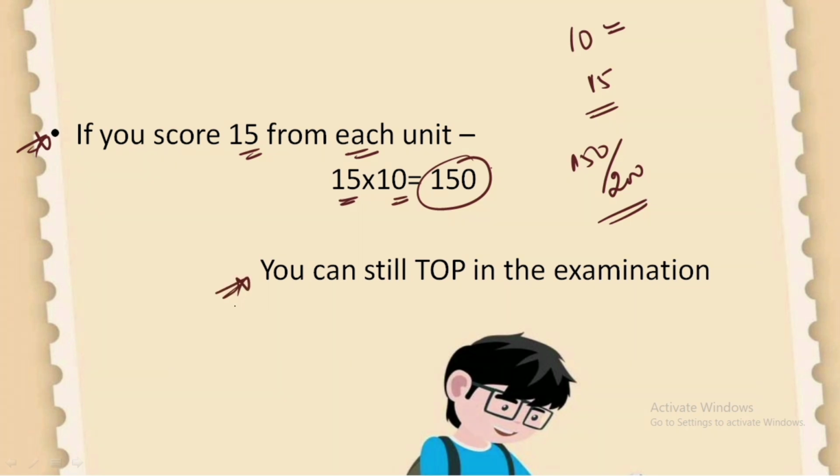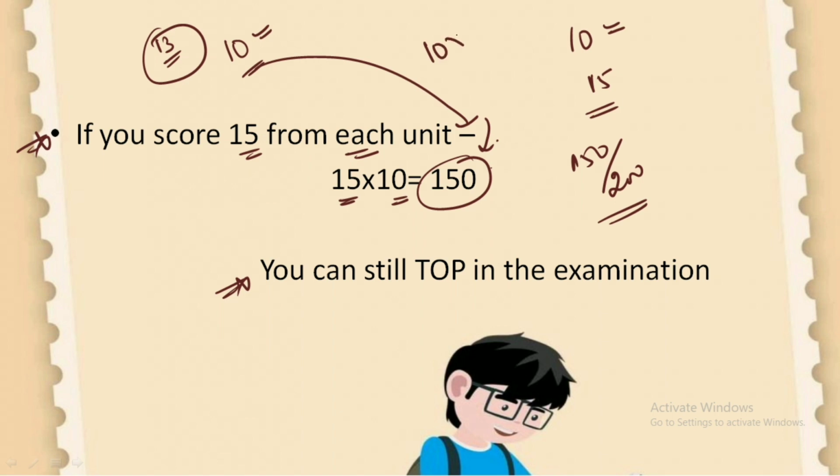So you can see that you do not need to master the units that you prepare. Even if you prepare only 10 units out of the 13 units pool and you score only 15 marks from every unit, you are still getting 150 marks and you still have a safer range of 20 to 25 marks, so that you can still qualify the examination.